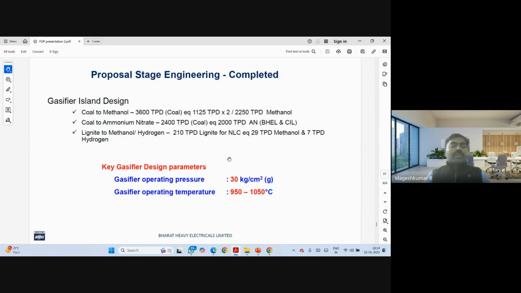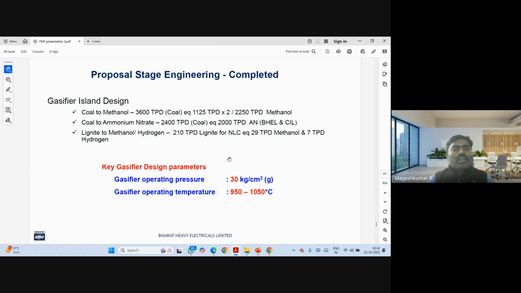So with respect to the proposal stage, see the gasifier, what does the BHL gasifier offer? Presently we have designed the gasifier for 3600 TPD coal equivalent. A single gasifier can gasify almost 1125 tons per day.